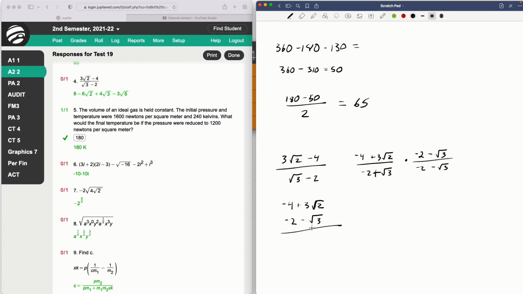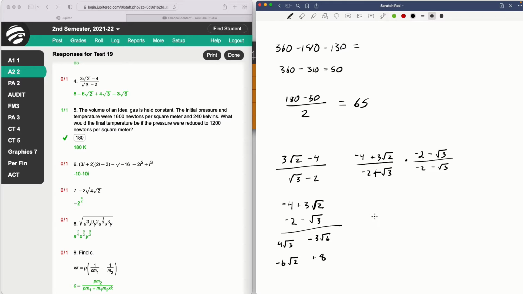So that's going to be a negative 3 times the square root of 6 and a positive 4 times the square root of 3 and a negative 6 times the square root of 2 and a positive 8. All right, we got a bunch of different ones right here, don't we?